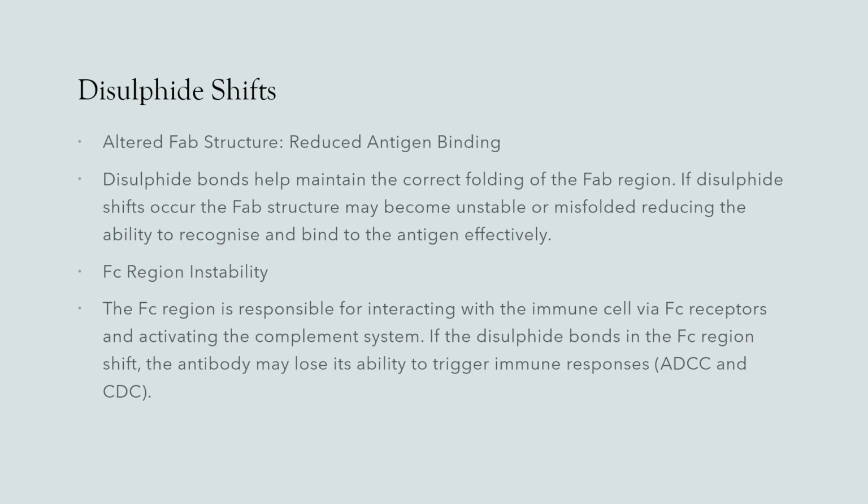I did talk about disulfide shift, and I did say how each light chain and heavy chain contains a disulfide bond within the variable domain as well as the constant domain, and they help to stabilize the structure, and they're responsible for ensuring or maintaining the correct folding of these antigen binding sites. So therefore you get your specificity, you get your affinity for your target antigen.